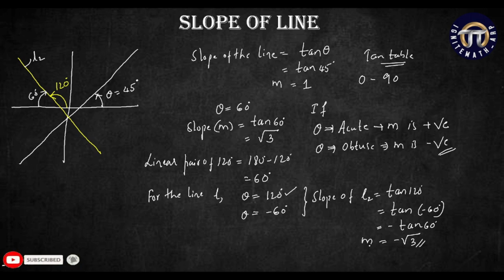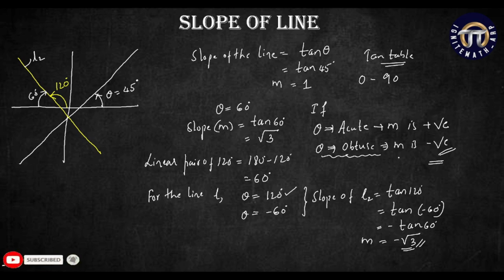See, if you observe carefully, I am getting the slope as a negative number. That is why I told that if theta is obtuse, slope is going to be negative. If theta is acute, then slope is going to be positive. Clear, children? Clear?